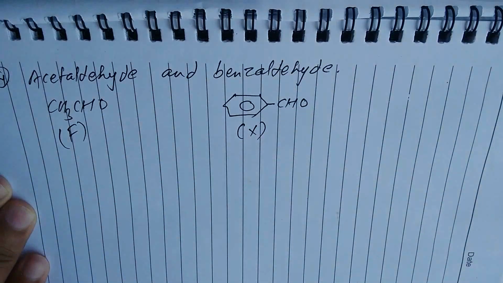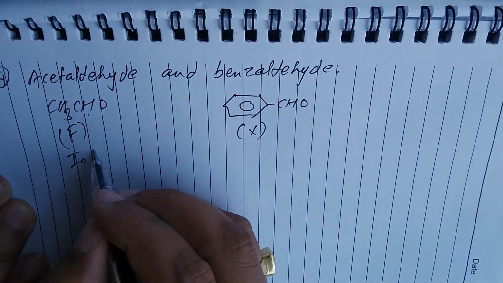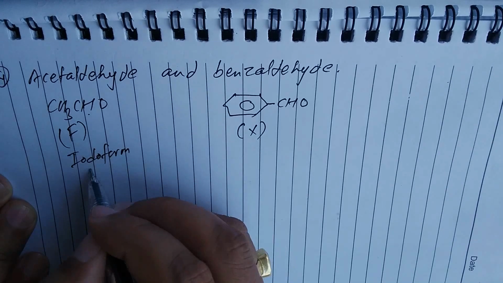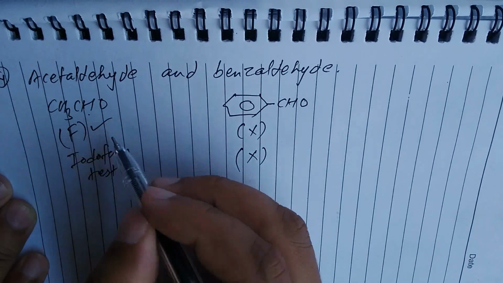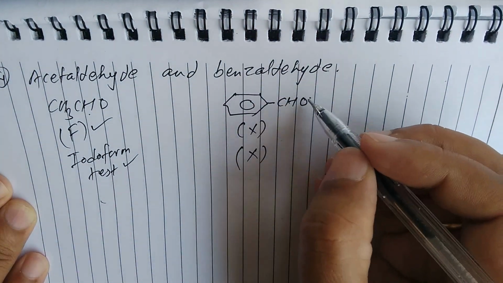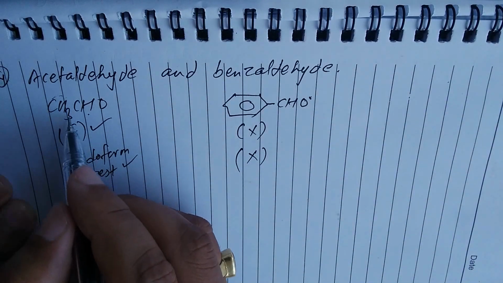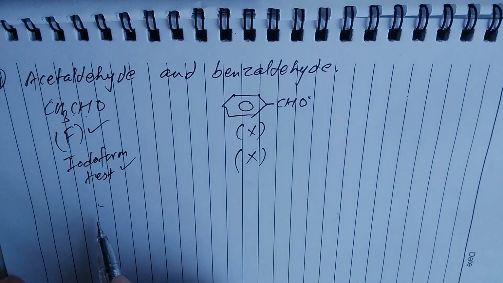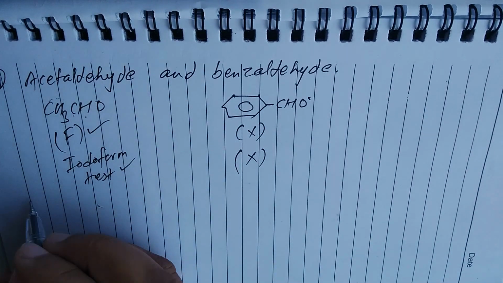Also acetaldehyde gives iodoform test, but benzaldehyde does not give iodoform test. Acetaldehyde gives Fehling test, iodoform test and Tollen's test, but benzaldehyde gives only Tollen's test. For iodoform test, here a CH3 group is present with the carbonyl group, and very simple mechanism you can write here.